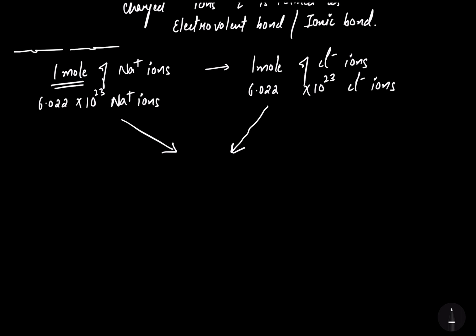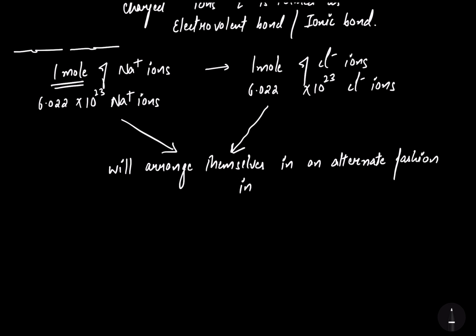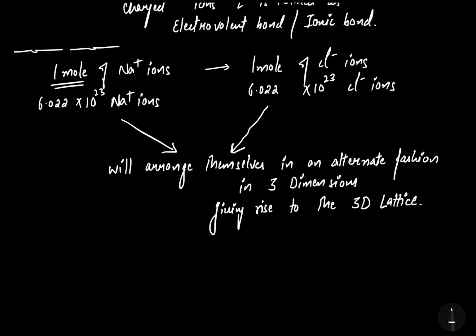Both the 1 mole of Na positive ions and the 1 mole of Cl negative ions will arrange themselves in an alternate fashion in 3 dimensions, giving rise to the 3D lattice.